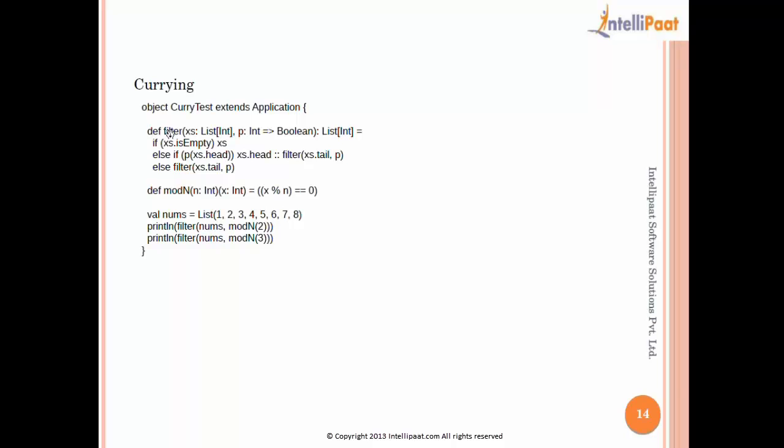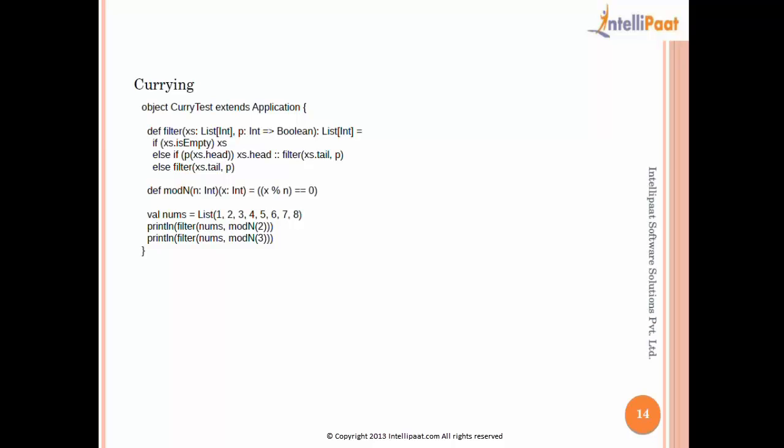So here is a simple example of a currying function. Our objective here is to filter a list of integers based on a particular logic. That logic can be that the number should be divisible by 2 or divisible by 3. So this logic is dynamic.